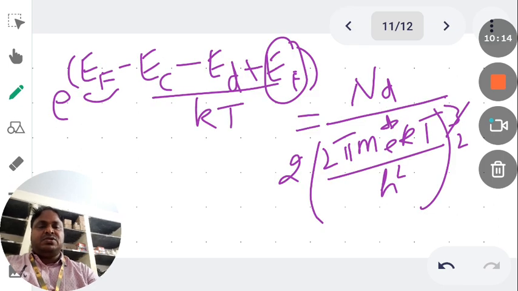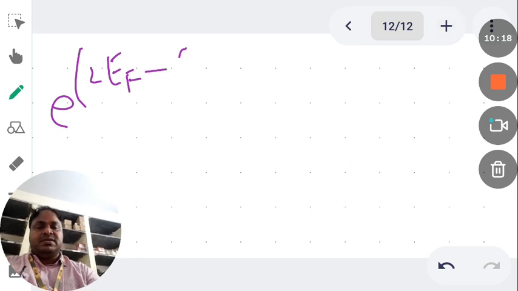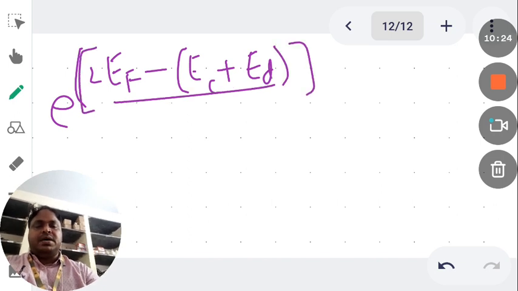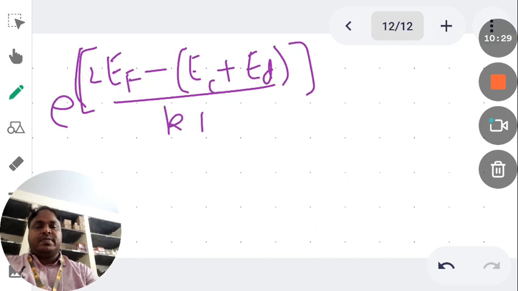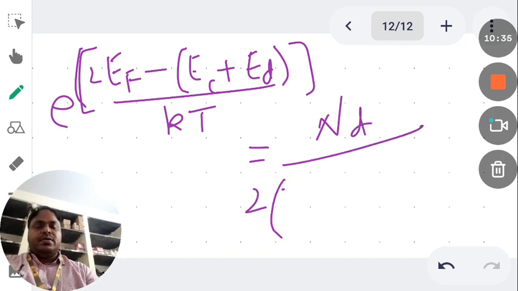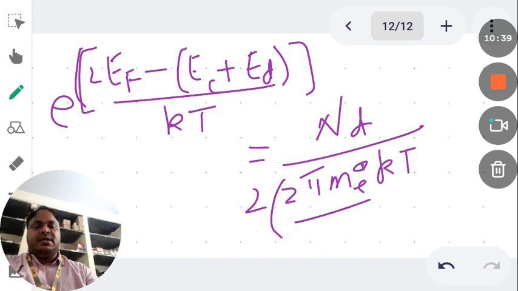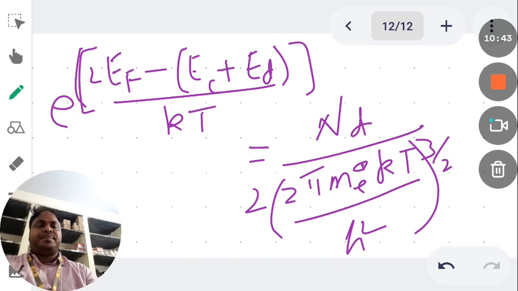EF plus EF is 2EF minus we can make it as EC plus ED by KT. Okay, and the same thing is equal to ND by 2 into 2 pi me star KT by h square power 3 by 2.